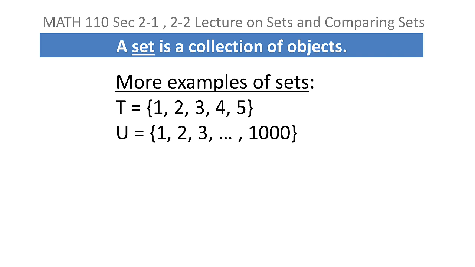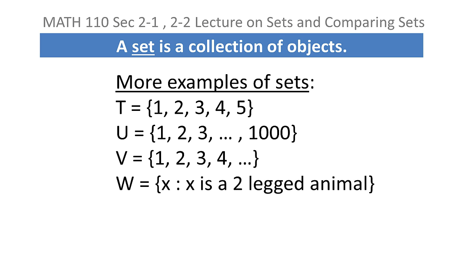So the ellipsis means continuing the pattern. The set V might be the numbers 1, 2, 3, 4, and then again dot, dot, dot. That means it continues indefinitely. There's no last number, there's no endpoint. So that set just keeps going.